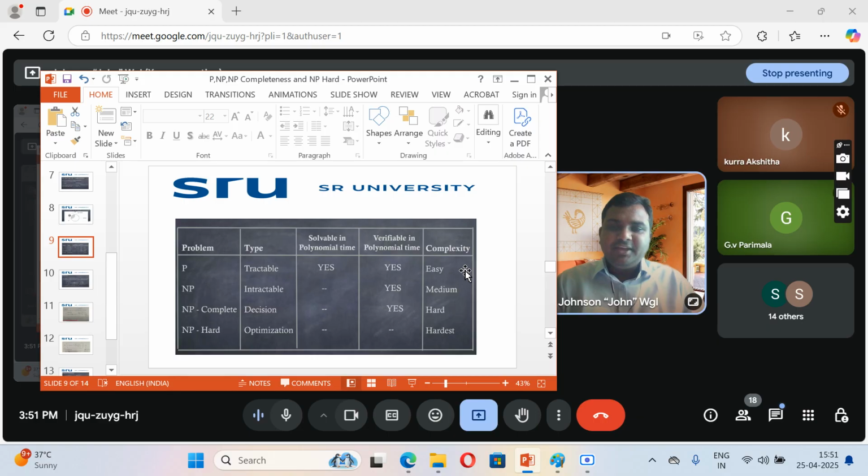Then NP is intractable. Intractable means it cannot be deterministic. We can verify but we cannot solve within polynomial time. The complexity is medium. Then third one is NP complete.